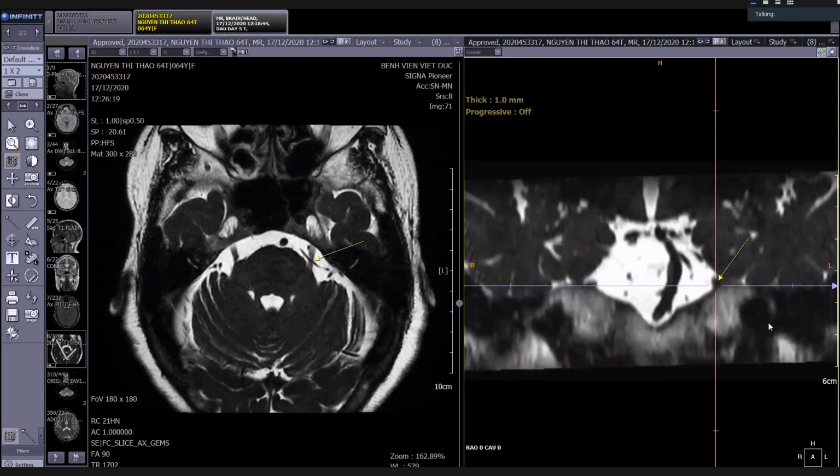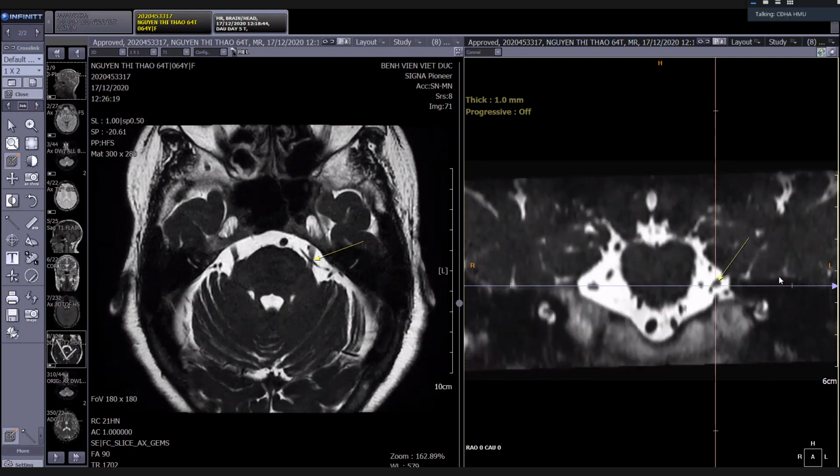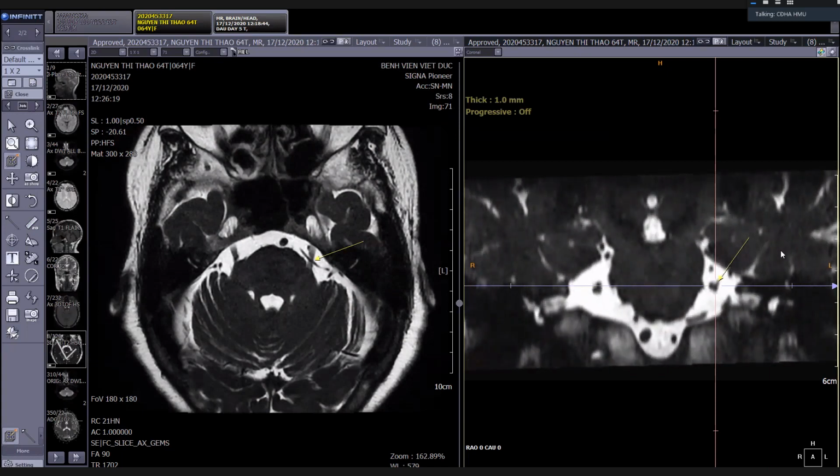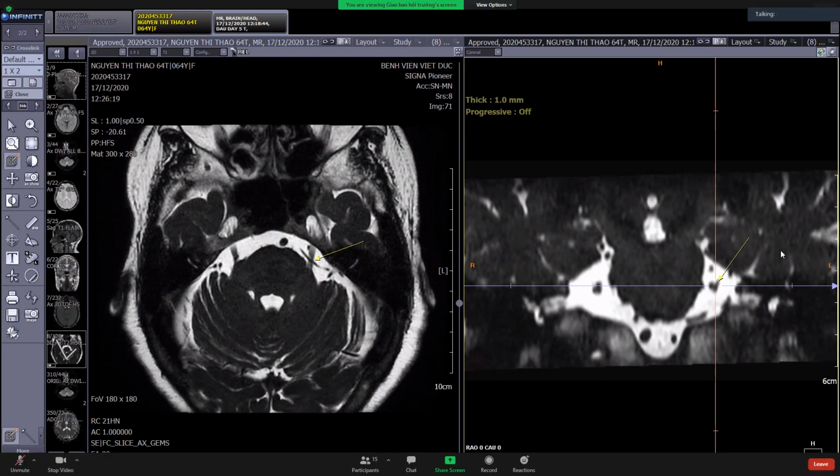Yes. Okay, and can you tell me what is the cutoff value for the root entry nerve of the trigeminal nerve and facial nerve? What is the normal?